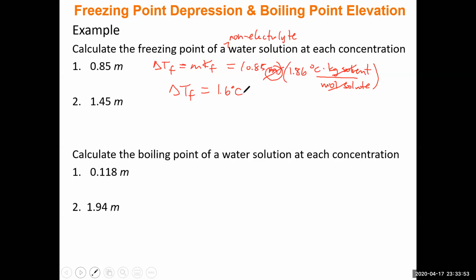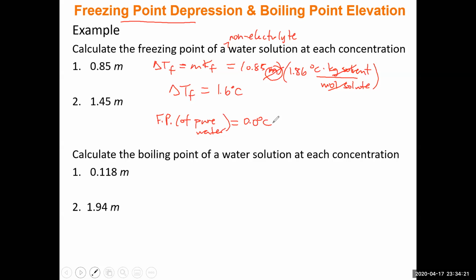Again, this is freezing point depression, which means now that the freezing point has gotten lower than just the pure solvent by itself. The freezing point of pure water, remember that that is 0.0 degrees Celsius.